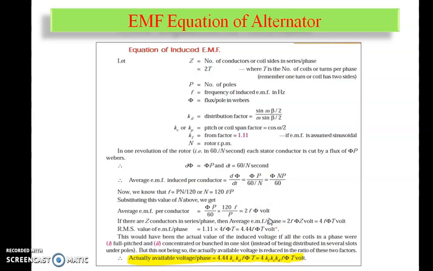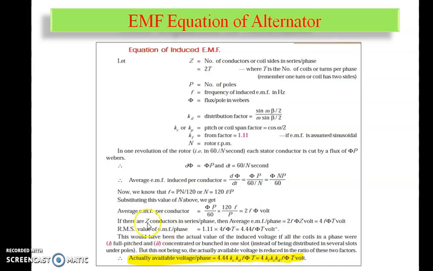Now we are assuming that there are z conductors in series per phase. We found the EMF of only one conductor, but there are z conductors in total, so taking it as 2 f phi z. Multiplying it by 2, I get 4 f phi T.